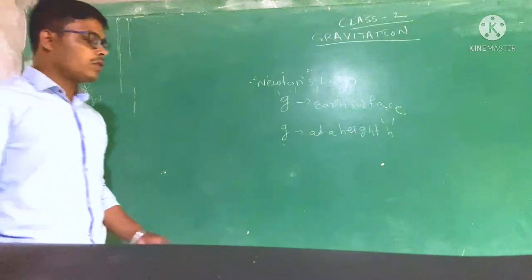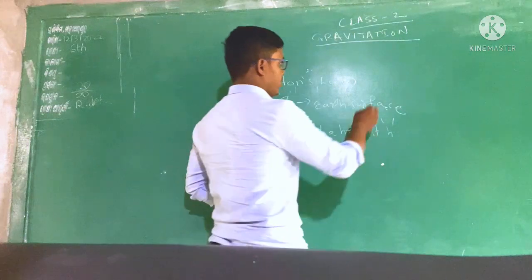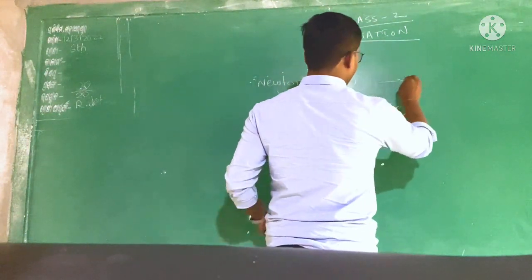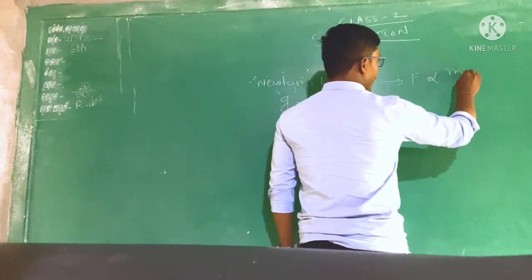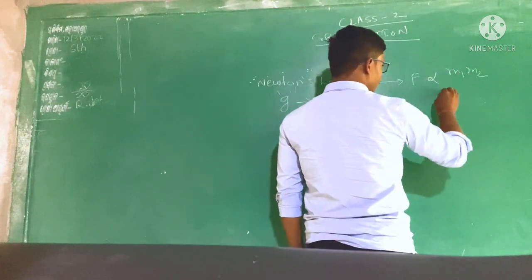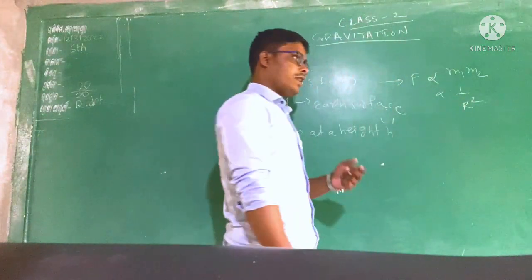So what is Newton's law of gravitation? Newton's law of gravitation is that the force of attraction between two massive objects is directly proportional to the product of their masses and inversely proportional to the square of the central distance between them.